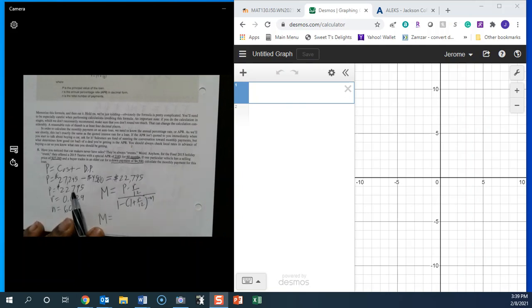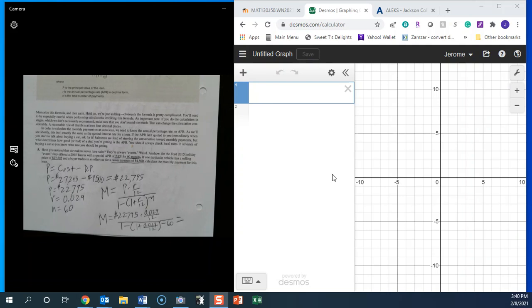The principal, which is $22,795, times the rate, which is 0.029 over 12, all divided by 1 minus 1 plus 0.029 over 12 to the negative 60th power. Okay, now we have all of this, and this is going to give us what our monthly payment is. Now we're going to do this in Desmos.